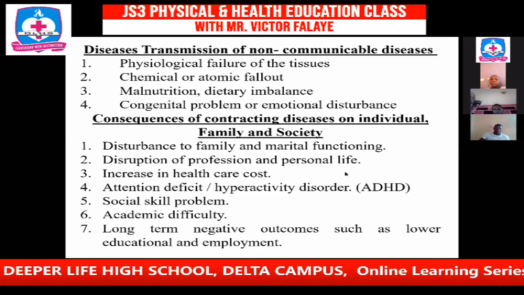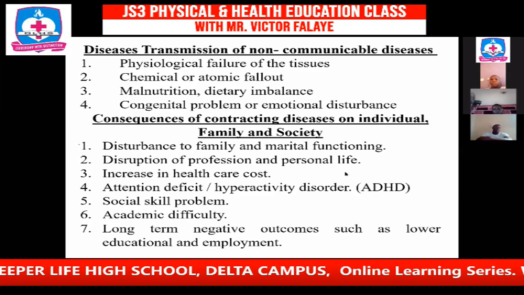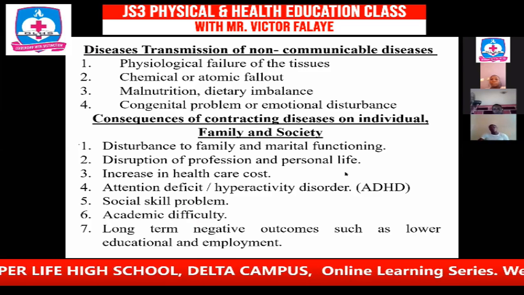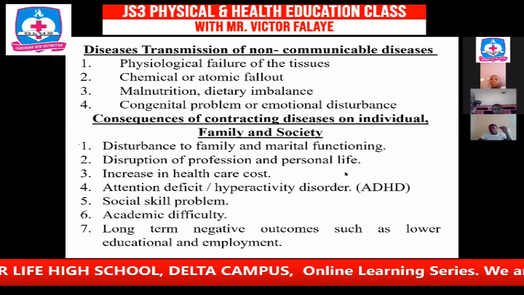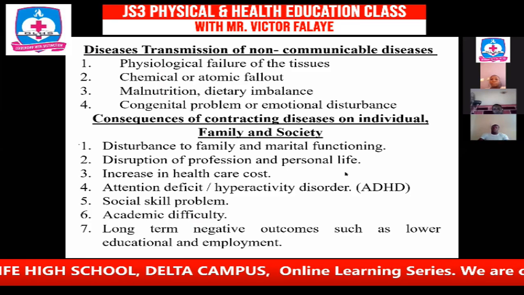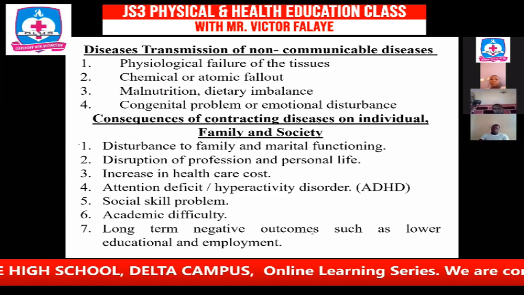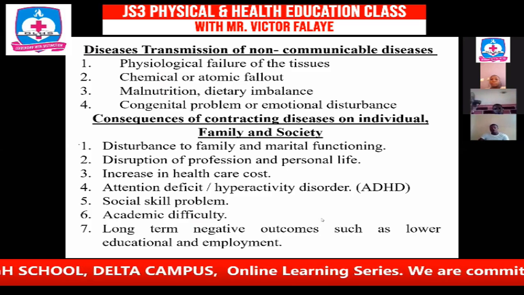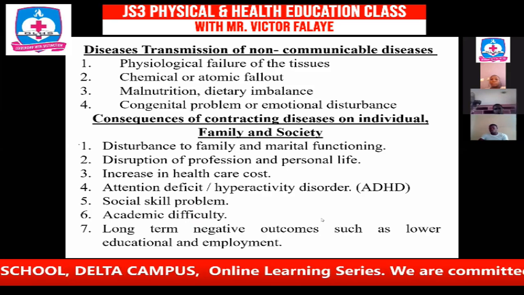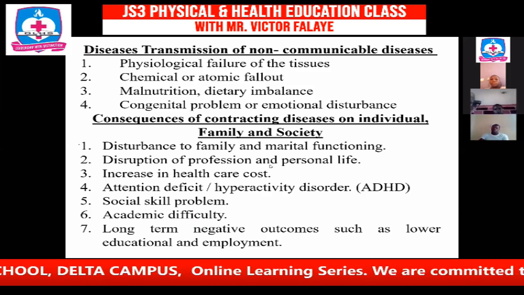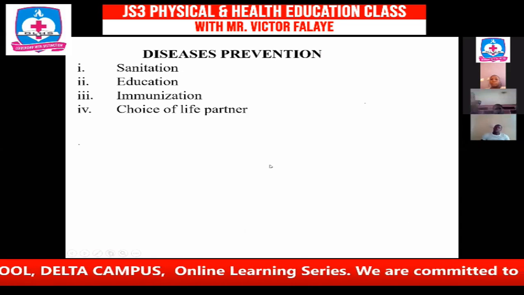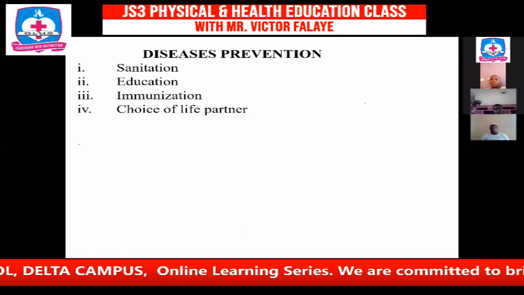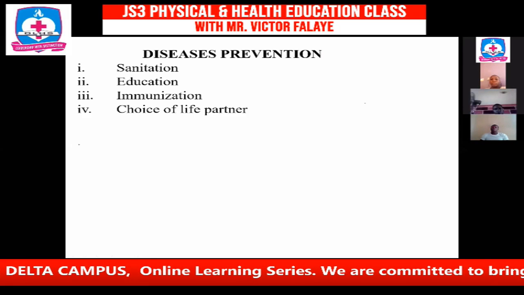Both communicable and non-communicable diseases have their consequences on every individual, on every society. The seventh aspect there is long-term negative outcomes such as lower education and employment. So all these culminate to be consequences of what?